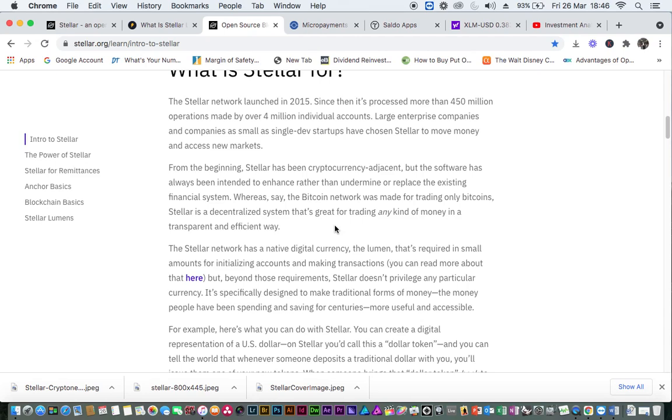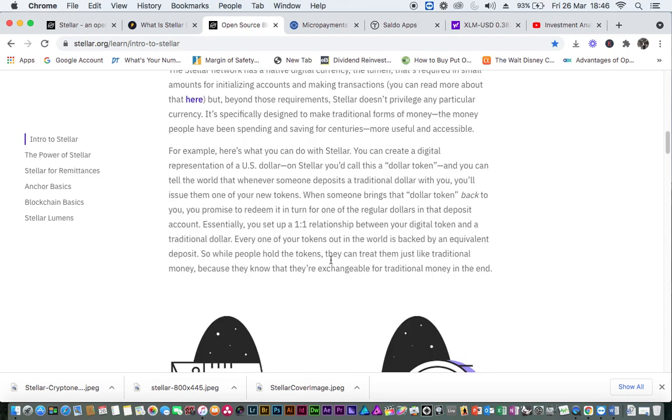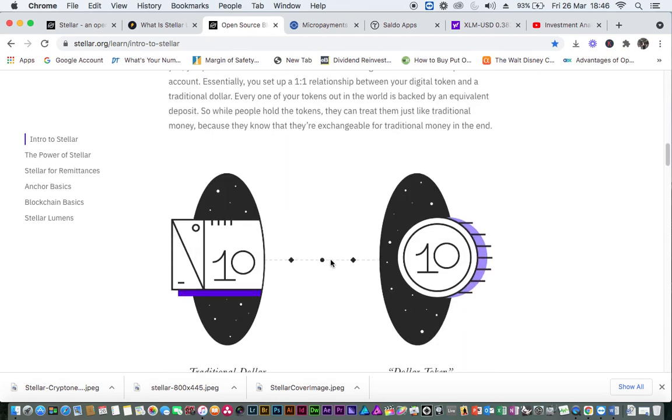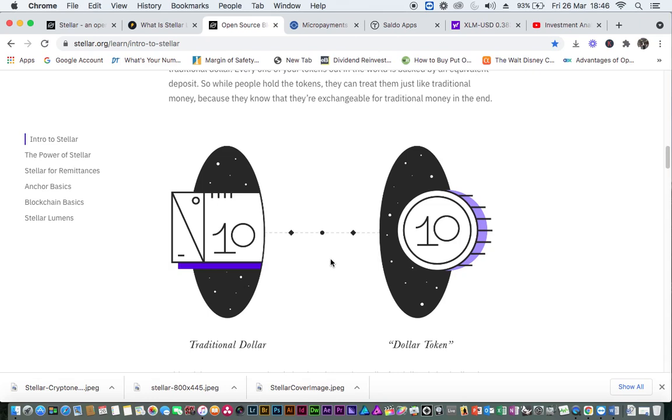Essentially, what you are doing is you set up a one-on-one relationship between your digital token and a traditional dollar. Okay? Meaning, every one of your token out in the world is backed by an equivalent deposit. So, people who hold the tokens can treat them just like the traditional money, because they know that they are exchangeable for traditional money at the end of the day.